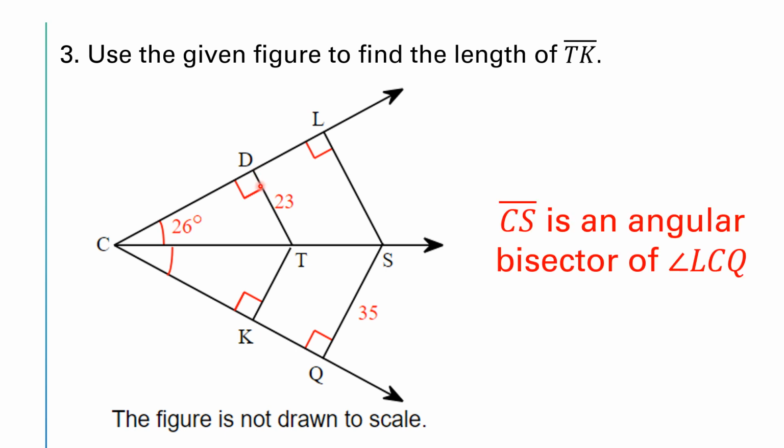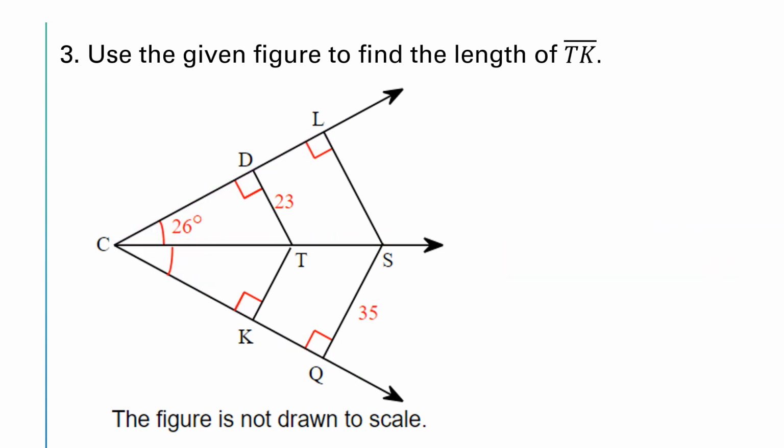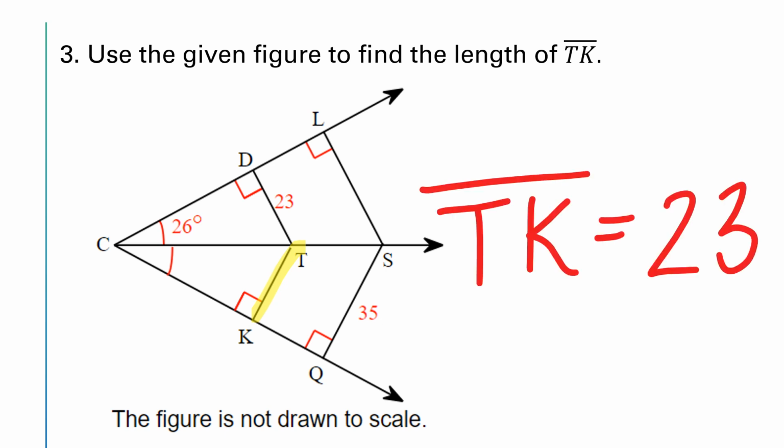Since the line segment CS is an angular bisector of this big angle LCQ, I can use the fact that this is forming a little mirror image across that line CS, and we know that TK would be the mirror image of the line segment TD. So the length of TK would be 23 degrees.